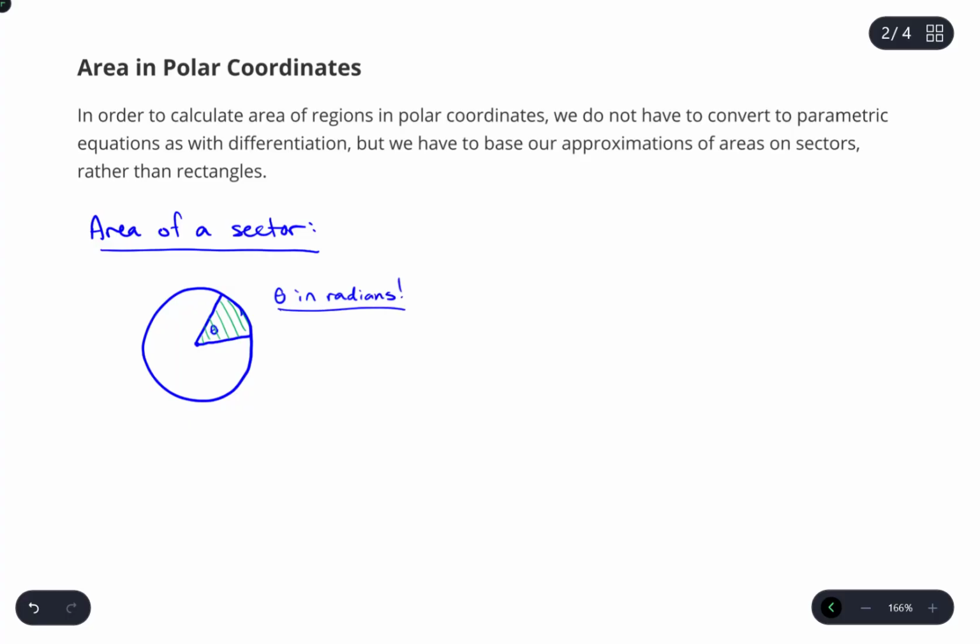So the area of a circle, the entire circle that is, would be pi times its radius squared. Now, the pi in here, it's actually an angle measure, okay? Pi, we know, is an angle measure that's equivalent to 180 degrees.